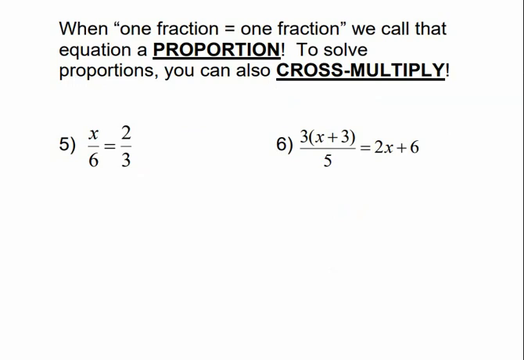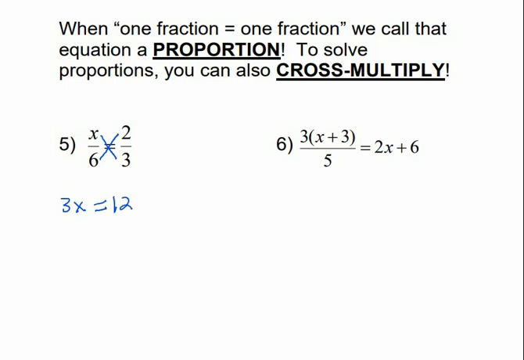And to solve a proportion, all we have to do is cross multiply. So when we cross multiply, we're just multiplying the numerator of one side with the denominator of the other side, and vice versa. So if I do that, x times 3 is 3x. 6 times 2 is 12.